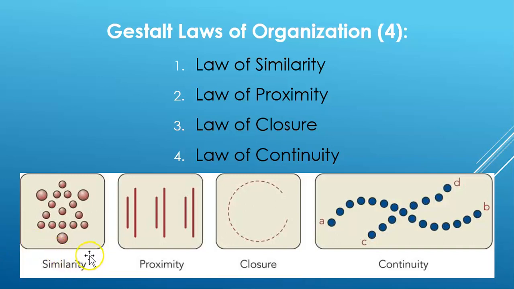Pretty much what that's saying is that what we're naturally going to do is group things that look the same. So in this image here, we've got a bunch of circles, and there's two different sizes of them. And what our brain's going to do is group the dots that are the same size together, rather than grouping a bunch of dots that aren't the same size.